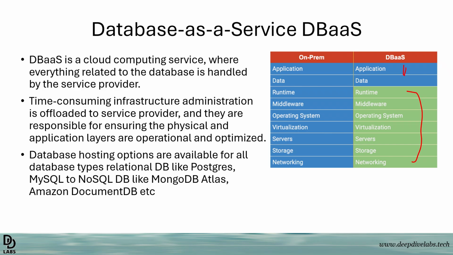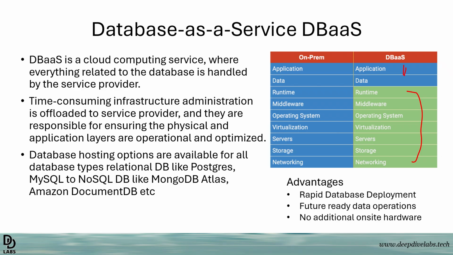There are multiple database hosting options available for relational and NoSQL databases. Relational databases like Postgres and MySQL have database as a service as well. NoSQL databases like MongoDB Atlas and Amazon DocumentDB, etc., are also database as a service.